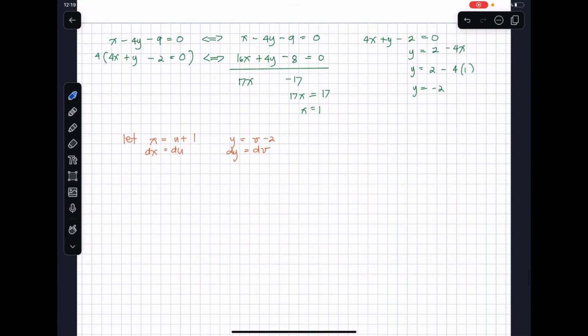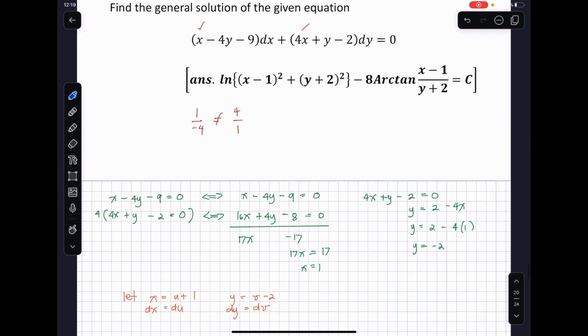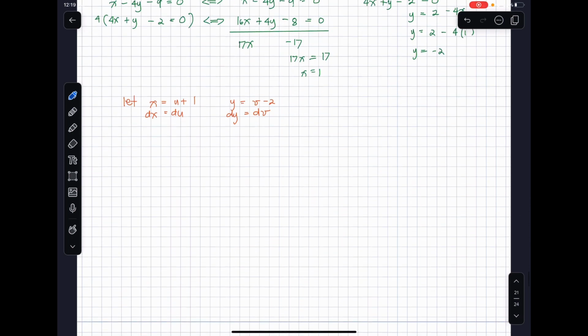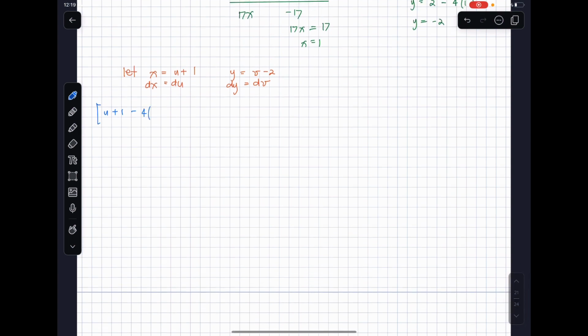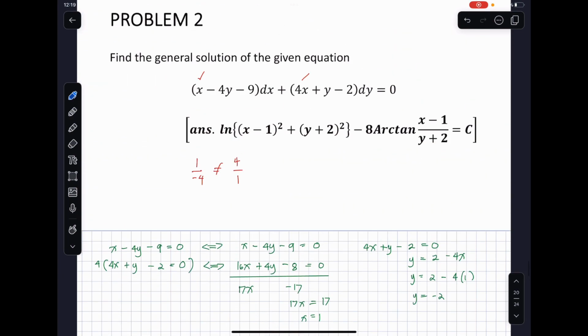So we now substitute into the original equation. So x minus 4y minus 9. So I'll have x, which is u plus 1, minus 4y, minus 4 times v minus 2, and minus 9.